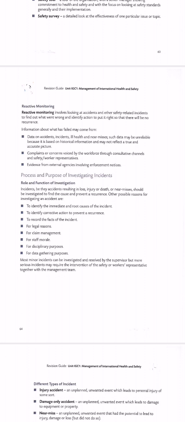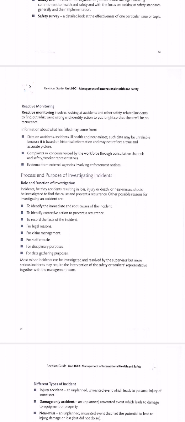Then also, I'm going to talk about the process and purpose of investigating incidents. This simply means how we can investigate incidents, like if a fire happened here or there is an accident, right? A vehicle lost, there is an accident. So how can you investigate what is the reason for that, right?